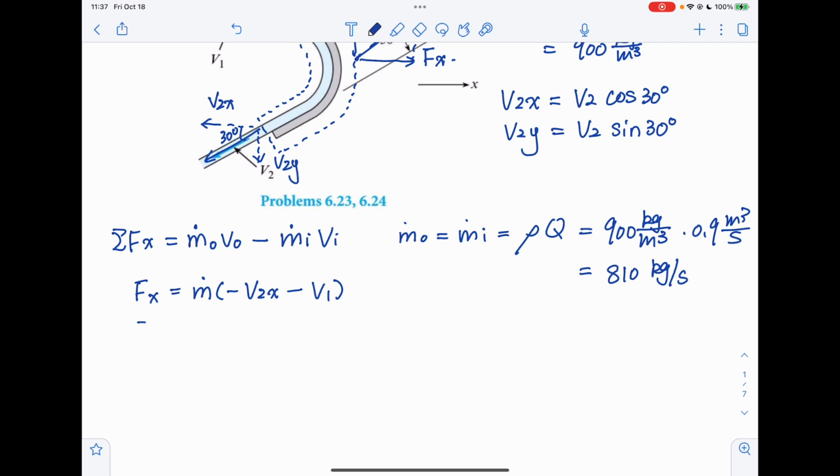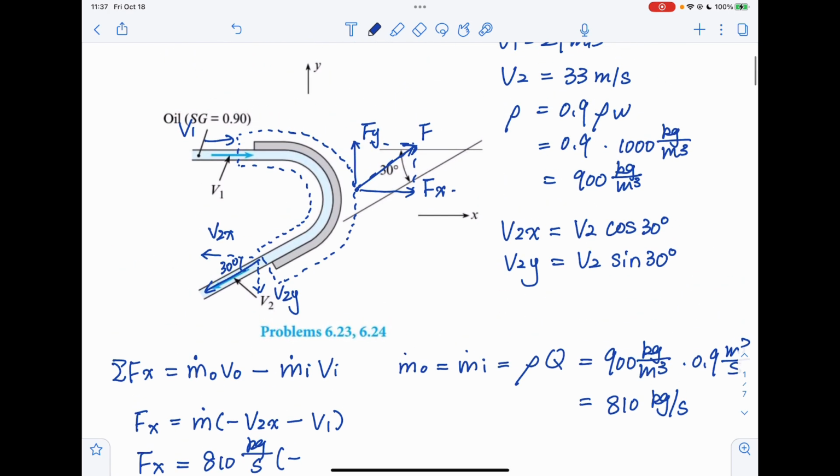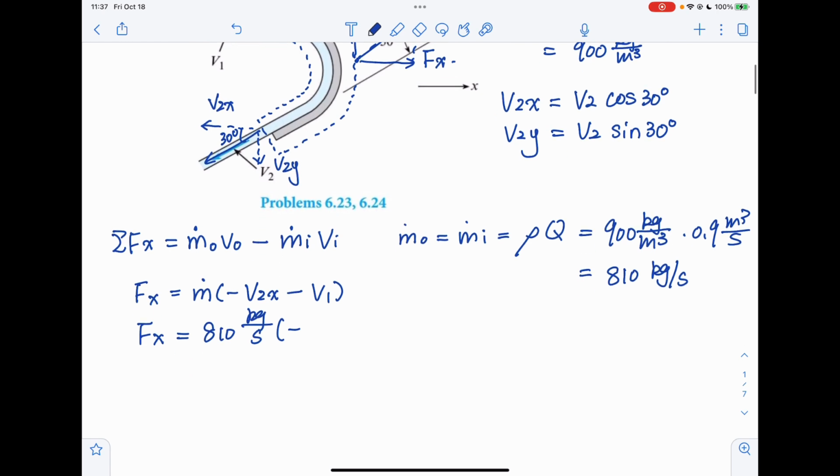So this will equal 810 kilograms per second times negative V2, which is given as 33 meters per second times cosine 30 degrees, minus 29 meters per second.